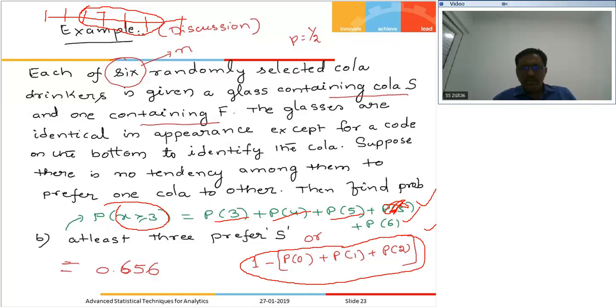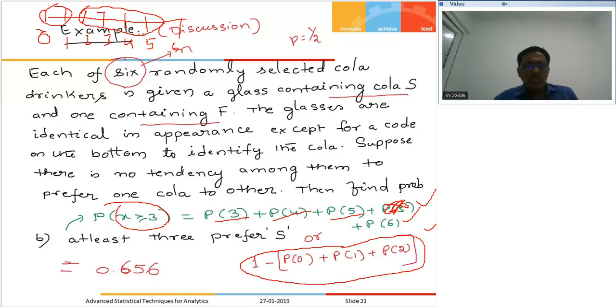Because we know the total probability is 1, if we remove this small probability, then we'll get it. Sorry, I missed 0 while explaining. Now it is clear.